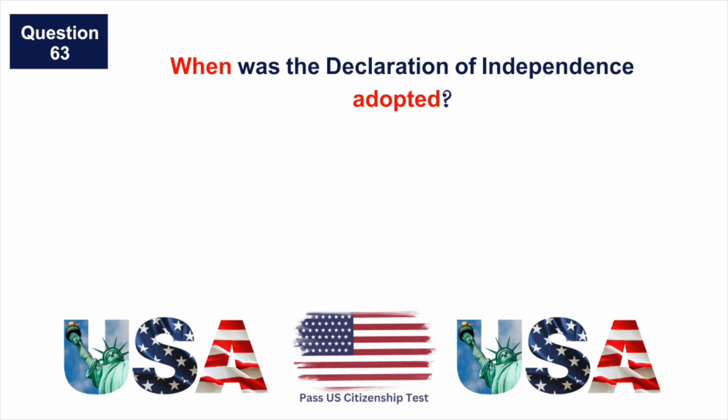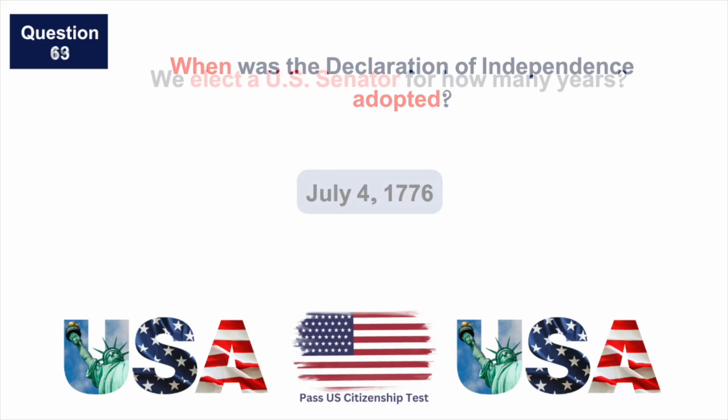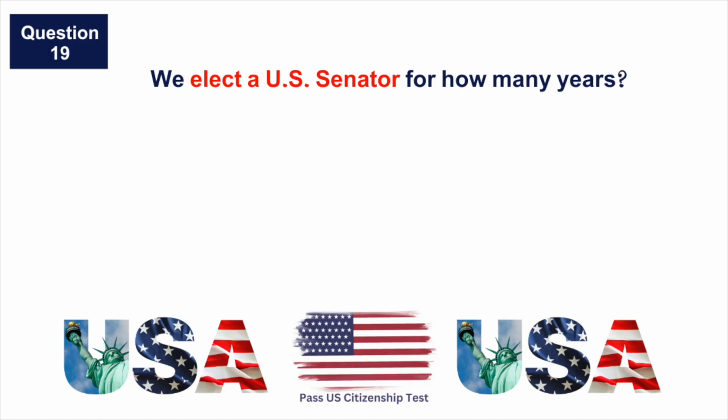When was the Declaration of Independence adopted? July 4, 1776. We elect a U.S. Senator for how many years? 6.